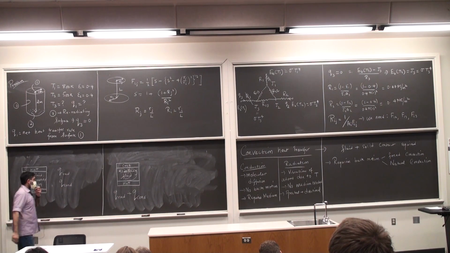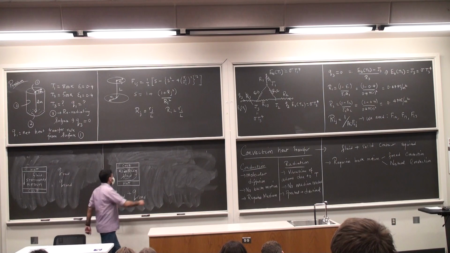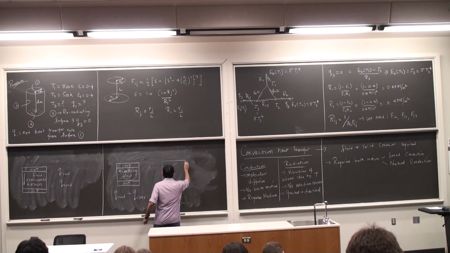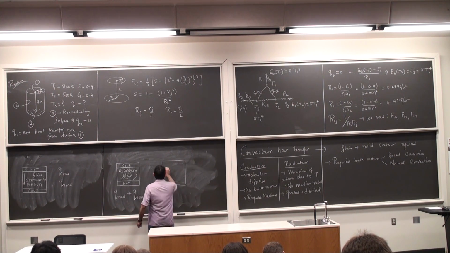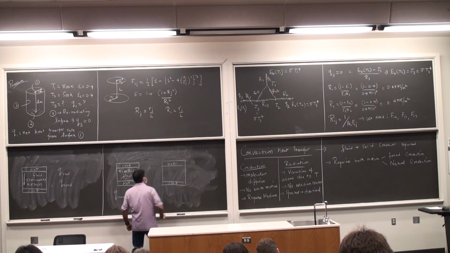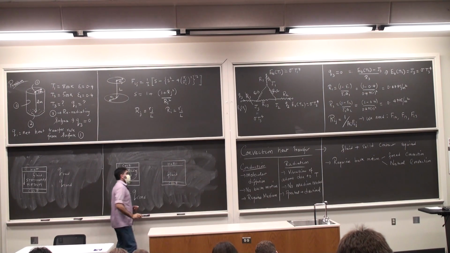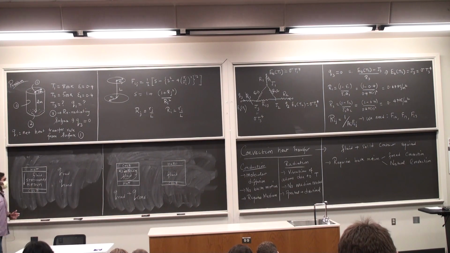Now, I'm going to take the same situation, hot and cold, and there is fluid here. And if I want to characterize forced convection, I can think of it as doing the following.